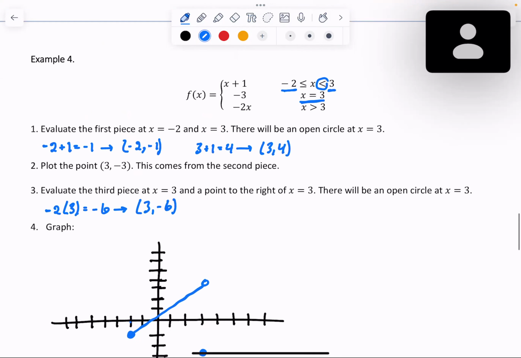And then if I want to find another point on this, let's evaluate this at 4. So -2 times 4 ends up being -8. So another point I can use to graph the function is the point (4, -8).